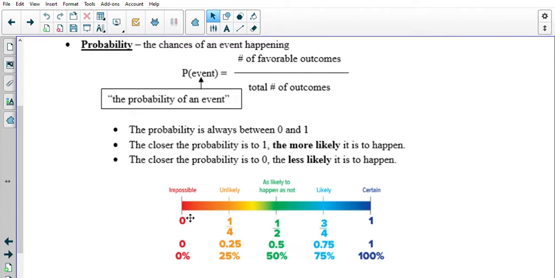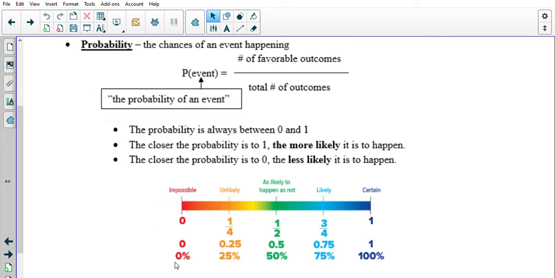That's important for us. The closer the probability is to 1, the more likely that event is to happen. In fact, if it has a probability of 1 or 100%, it means that that event is definitely going to happen. The closer the probability is to 0, the less likely it is to happen.